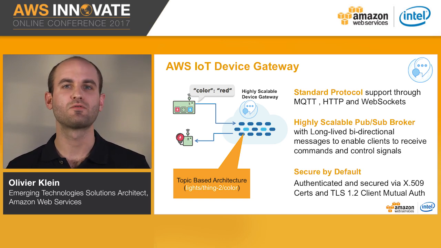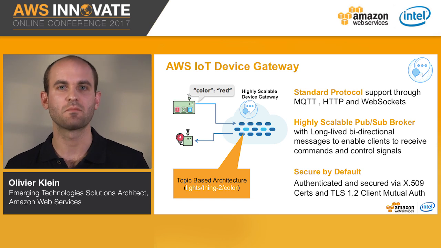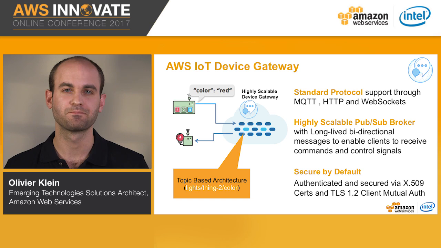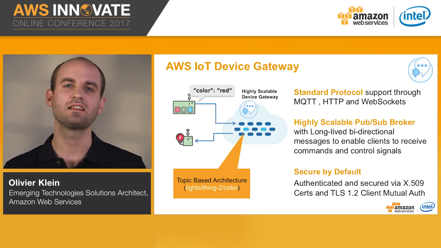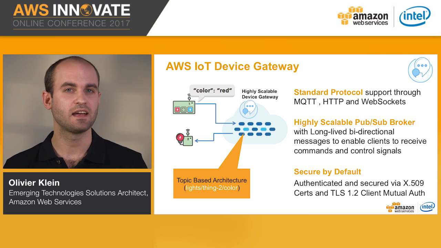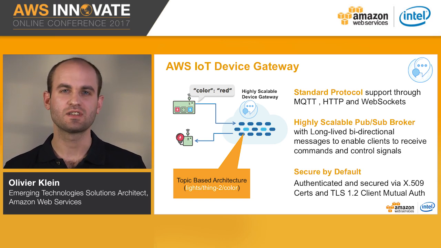The topics can be freely defined, such as the one example given on the left with things/thing2/color. Lastly, any communication between the device and the device gateway will be authenticated and secured using an X509 certificate and TLS 1.2 mutual authentication.